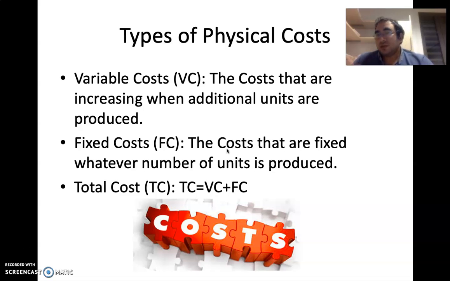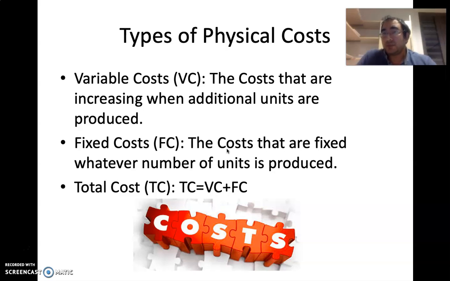Some costs might fall in between, maybe electricity. We might use more electricity when we have more customers, but we also need a fixed amount of electricity, even if we have zero customers, as long as we are expecting some customers. So there could be some costs in between, but ultimately some costs have a more variable nature and some costs have a more fixed nature.